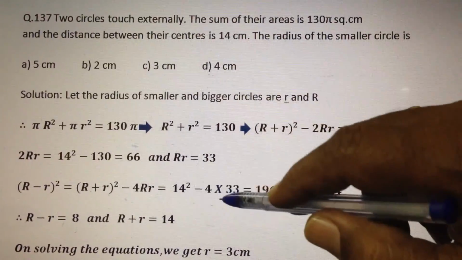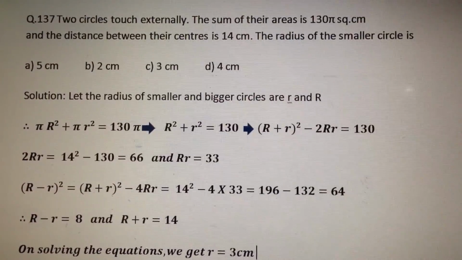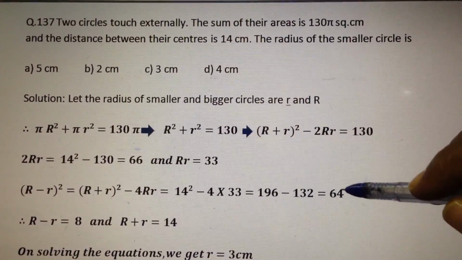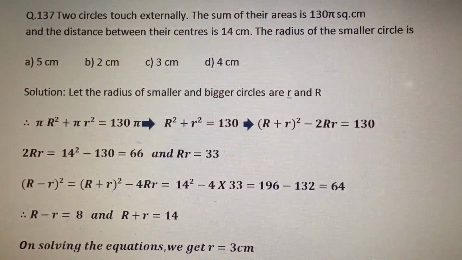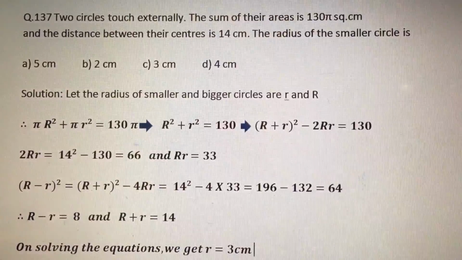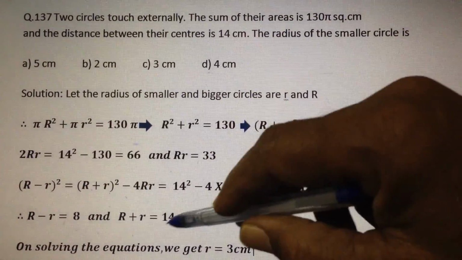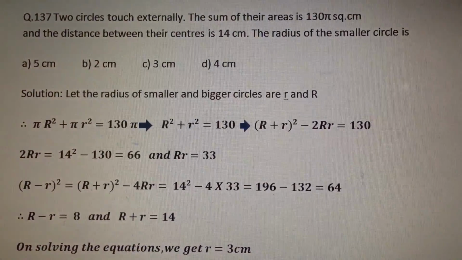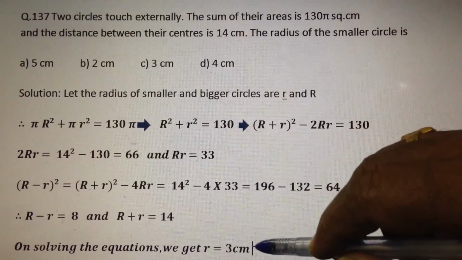This is 14 square minus 4 into rR, which is 33, which is equal to 196 minus 132, which is equal to 64. Therefore, R minus r whole square is equal to 64 and R minus r is equal to 8. And we know the value of r plus R, which is 14. From these two equations, we can find out the values of r and R. On solving the equation, we get smaller radius r is equal to 3 centimeters.